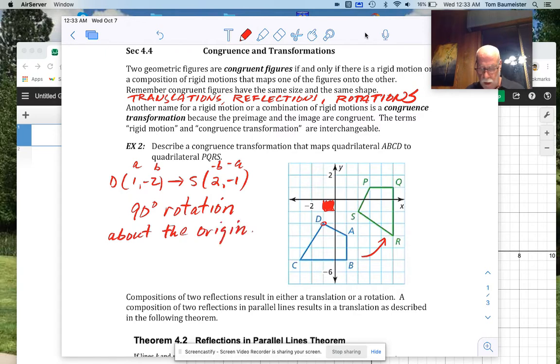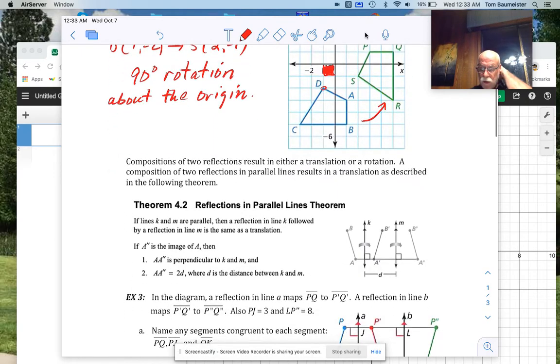Okay, so compositions of two reflections result in either a translation or a rotation. A composition of two reflections in parallel lines, there's a key, parallel lines, results in a translation as described by the following theorem. The reflections in parallel lines theorem states if lines K and M are parallel, then a reflection in line K followed by a reflection in line M is the same as a translation.